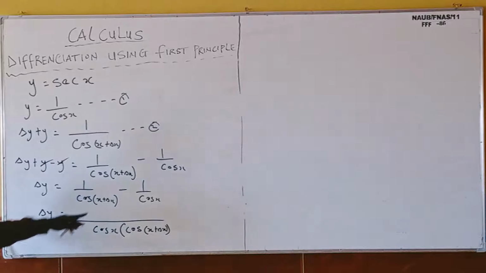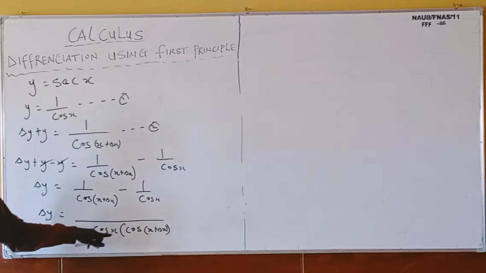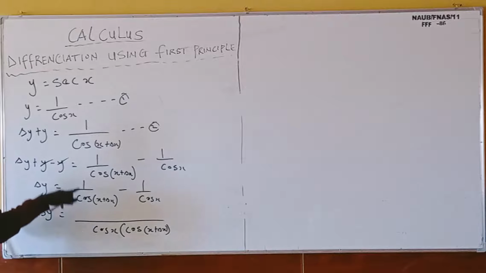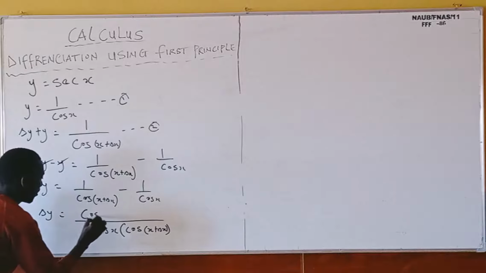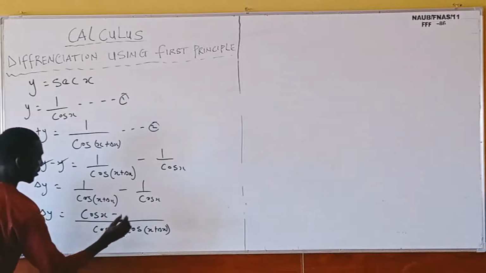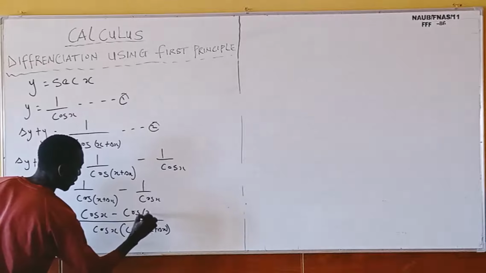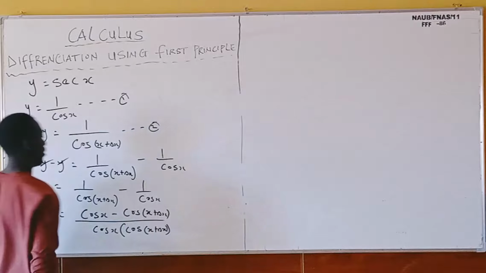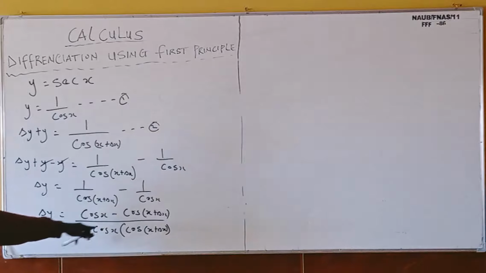So now this goes into this, then we are left with cos s. Cos s times 1 is cos s, minus this; we cancel this, then we are left with this. This times 1 is still cos(s plus change in s). Okay, now we have to break this down.